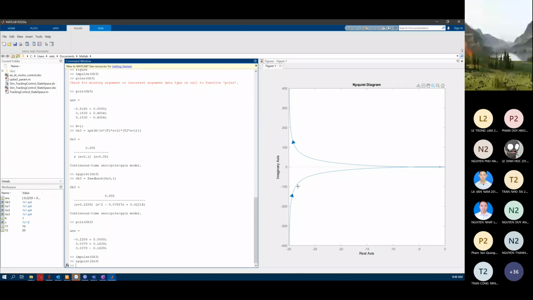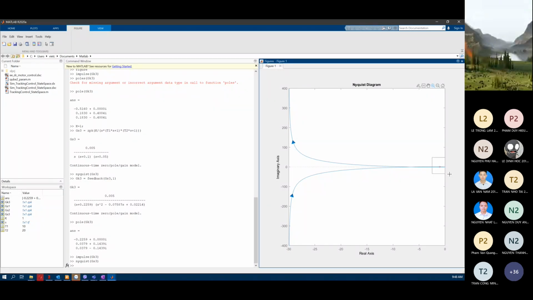Đây là từ trừ vô cùng đến vô cùng. Đúng không?